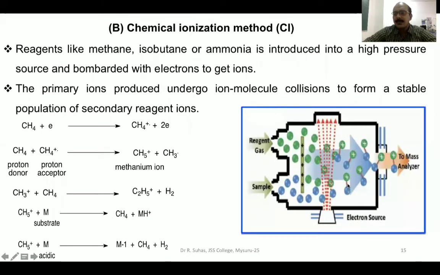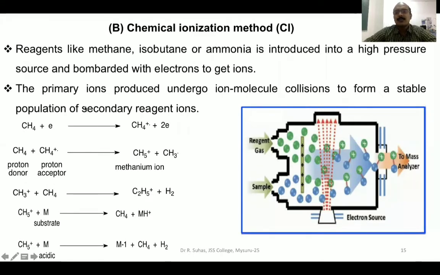The sample will now react with the reagent ions and then may move towards the analyzer. So this is the electron source. It is a very highly energetic electron beam, it hits the molecule and converts the reagent gas into ions.